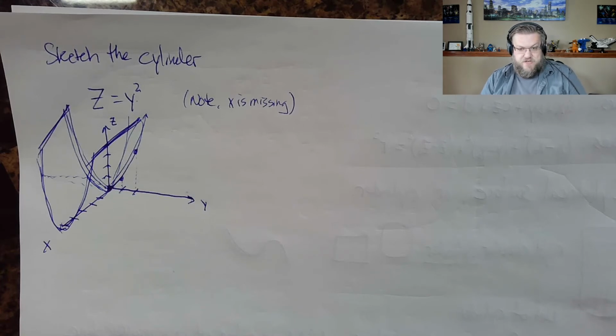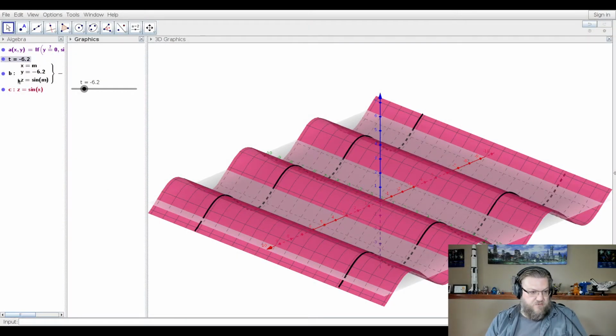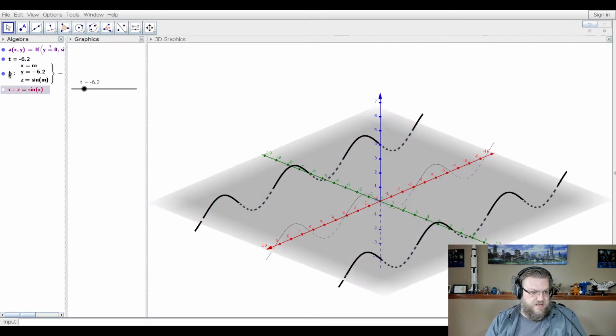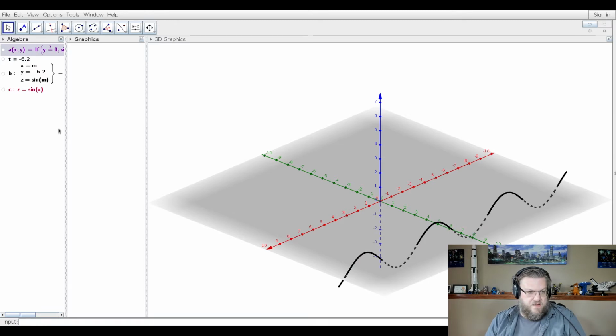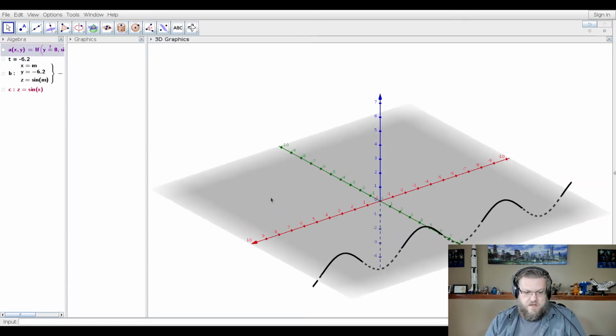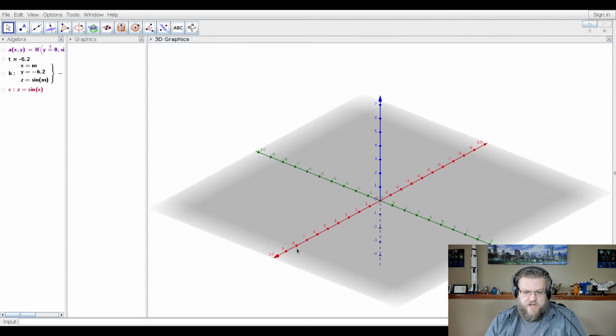Going to GeoGebra here, let's get rid of this and this and this and that. And standard view, there we go. Now, I'm just going to type in the 3D sense.